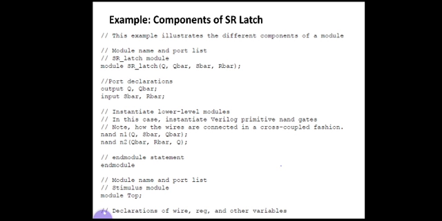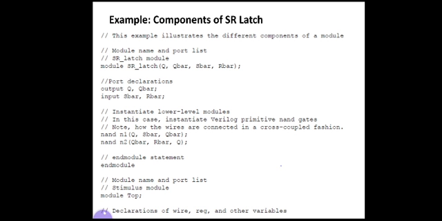You can use SR latch or any other name that you want. Then the list of ports, Q, Q bar, S bar, R bar, followed by a bracket and termination semicolon.